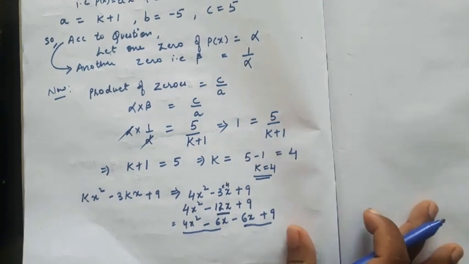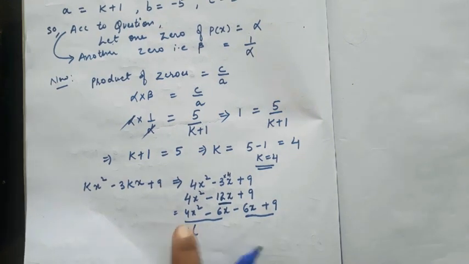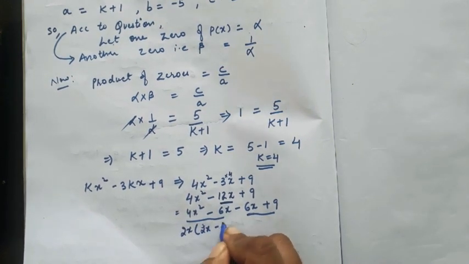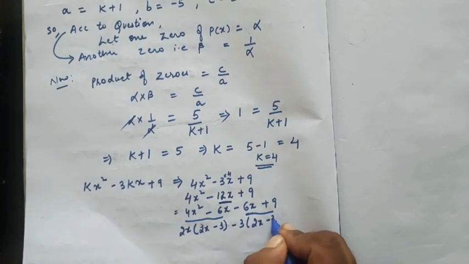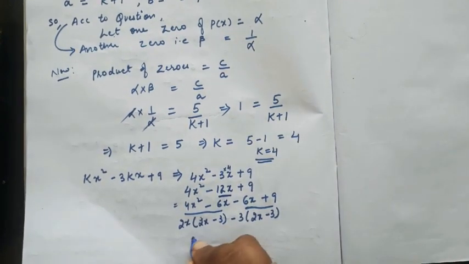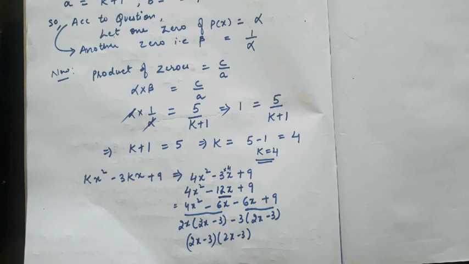Now I'm writing this by taking 2x common, I am left with 2x minus 3. Similarly I will take out 3 from here, and I am left with 2x minus 3. So here I get 2x minus 3 and 2x minus 3 as the factors.